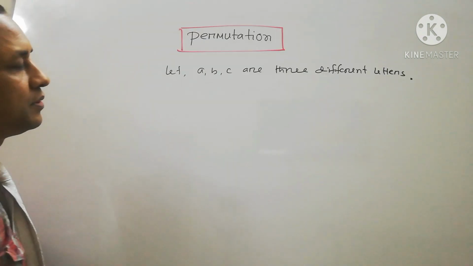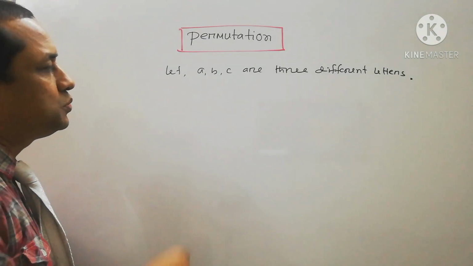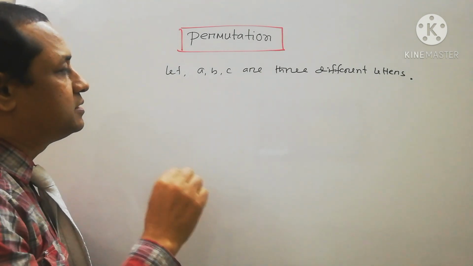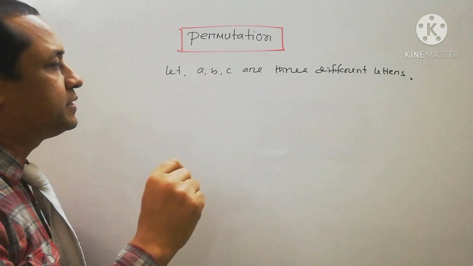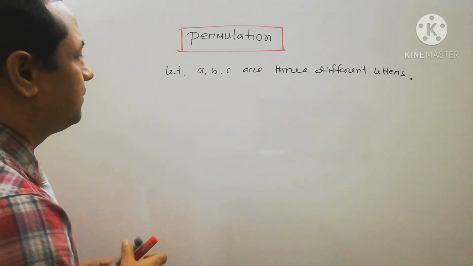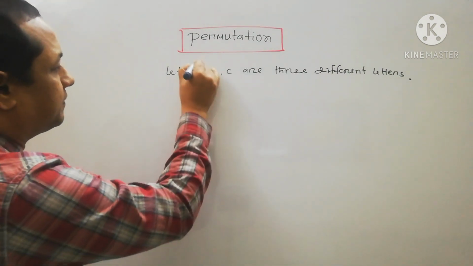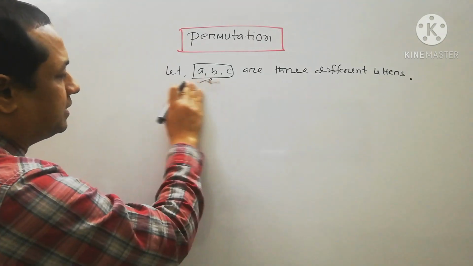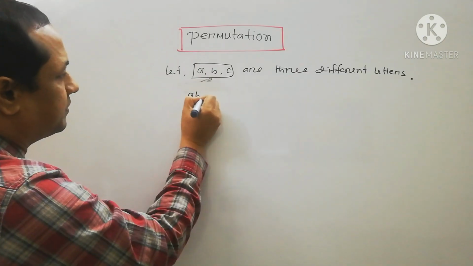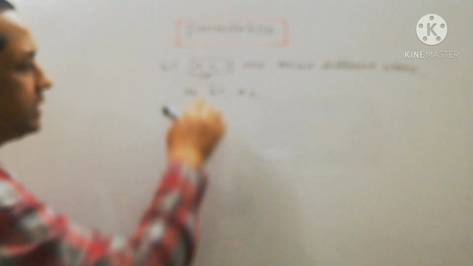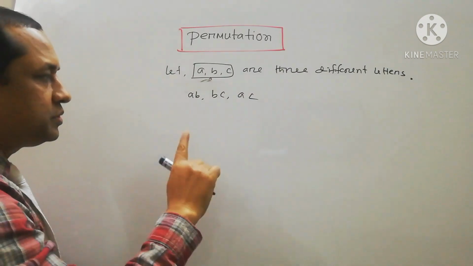So we take two different letters at a time. Now we have AB here, attention please students, AB, BC and AC, taking two at a time, two different letters taking two at a time.